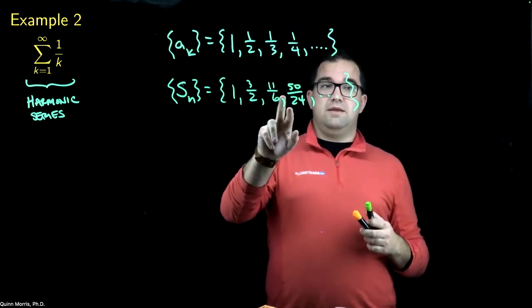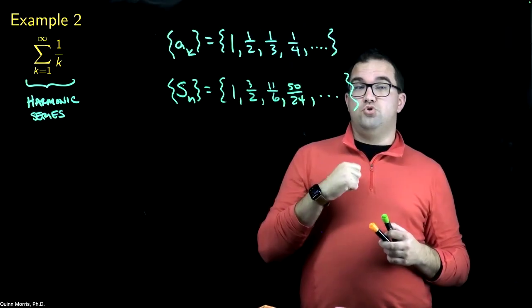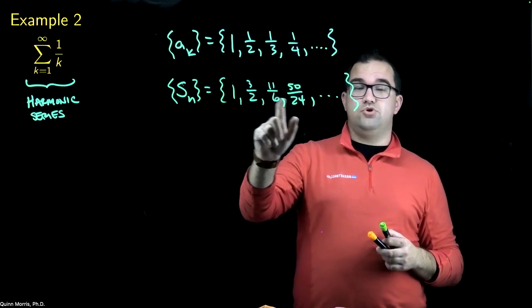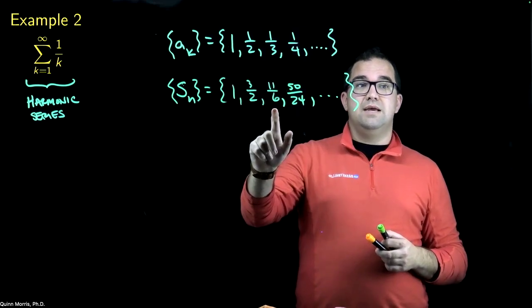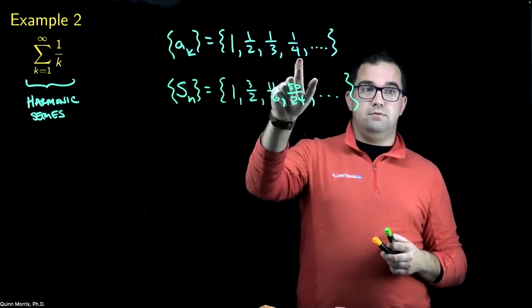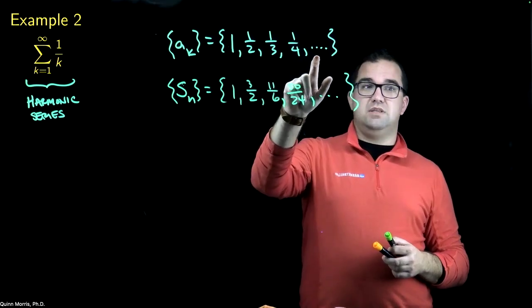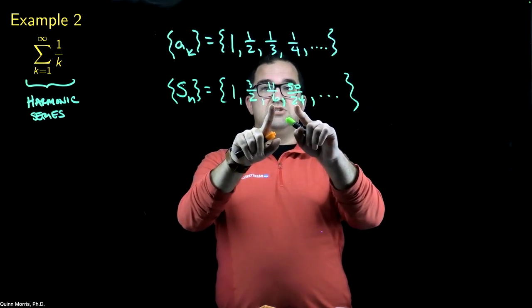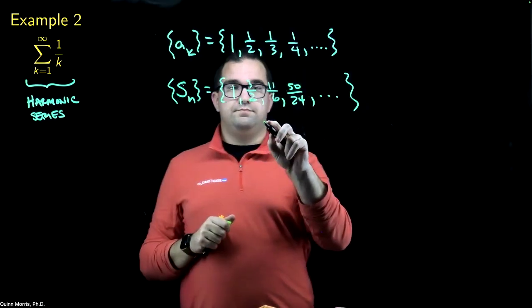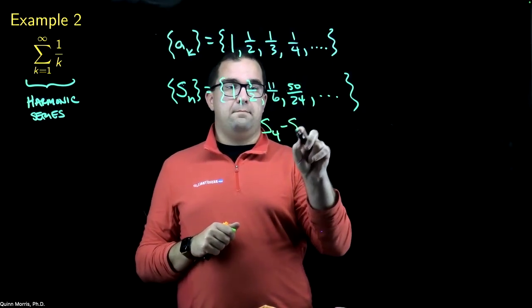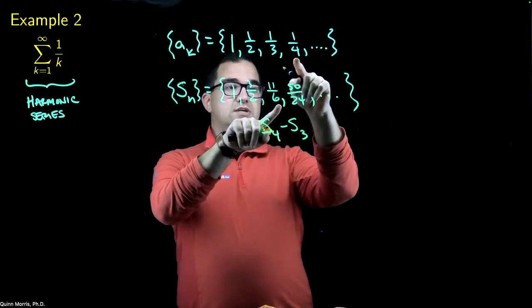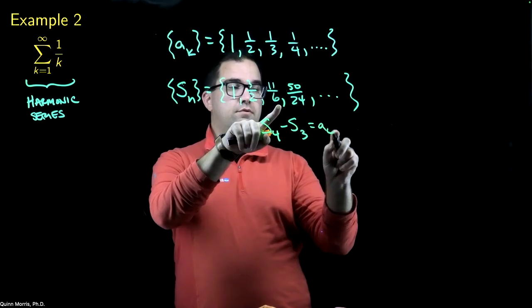Already, the difference between any two consecutive terms is certainly going to 0, because the difference between any two consecutive terms in your sequence of partial sums is just the term here. So the difference S4 minus S3 is just a4.